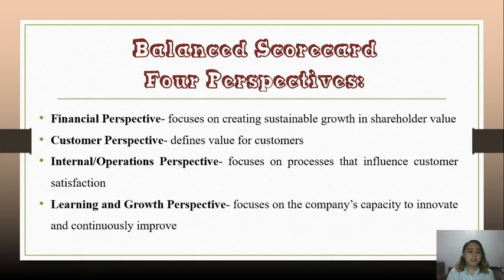And last is learning and growth perspective, which focuses on the company's capacity to innovate and continuously improve. Each of the perspectives is used to translate the business strategy into organizational, managerial, and employee objectives.